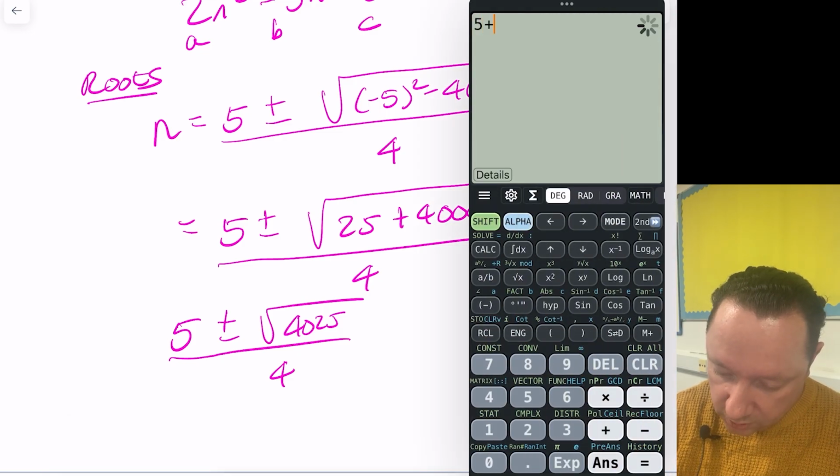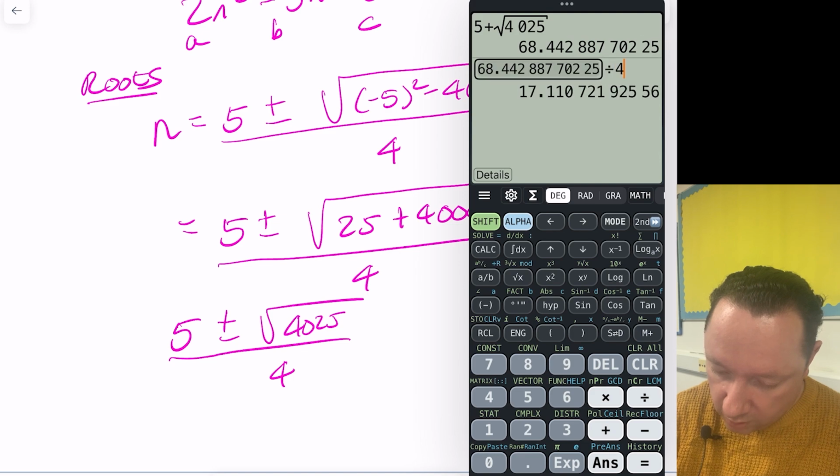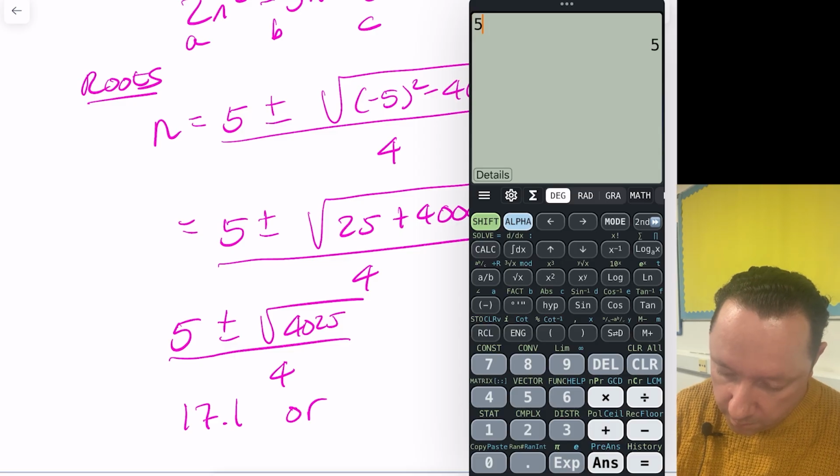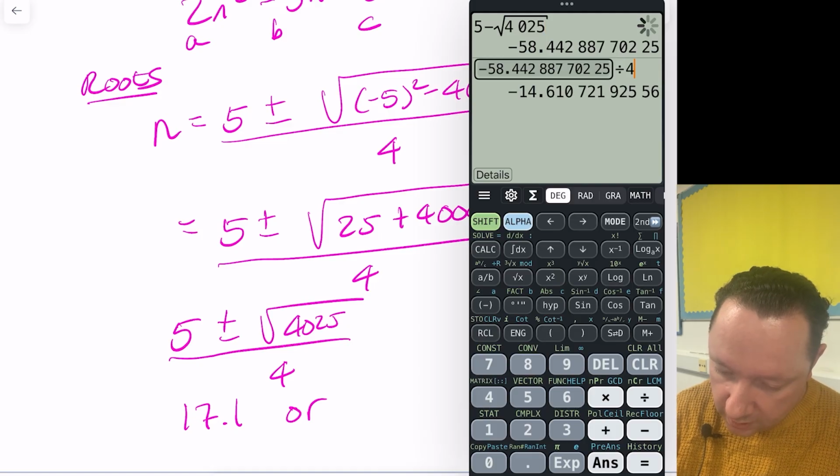So 5 plus root 4025 divided by 4 is 17.1, or 5 minus root 4025 over 4 is minus 14.6.